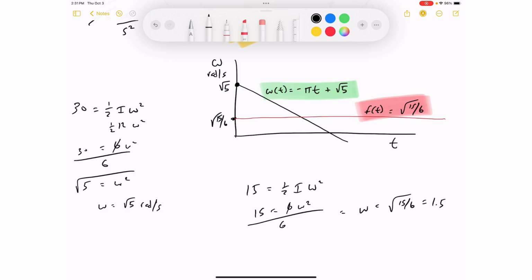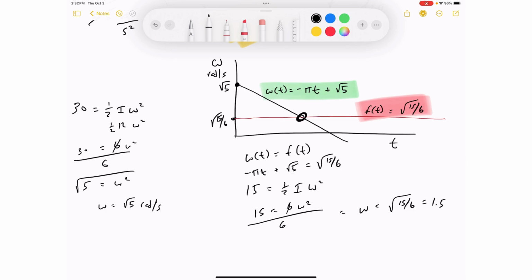When I do, what I'm trying to figure out is where these two functions intersect. Where does omega t equal f of t? Omega t is negative pi t plus square root of 5, and f of t is not really a function of t because t's not in it, but it's the square root of 15 divided by 6.